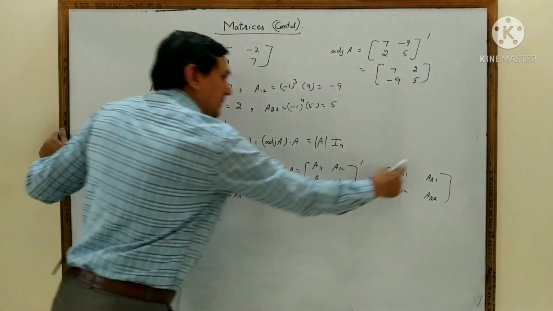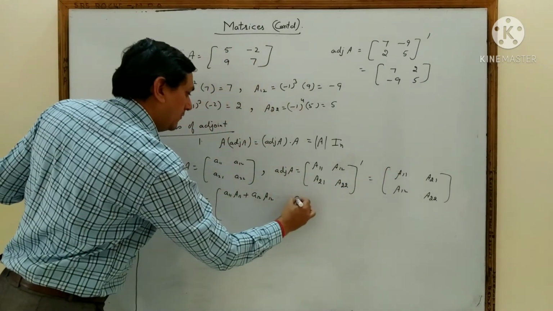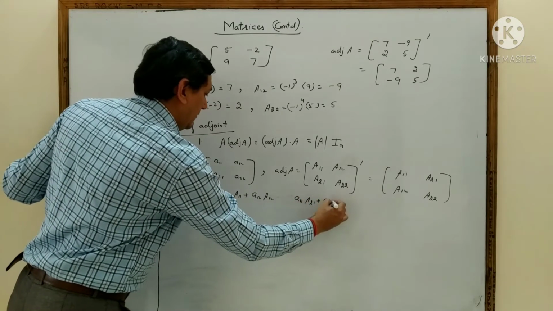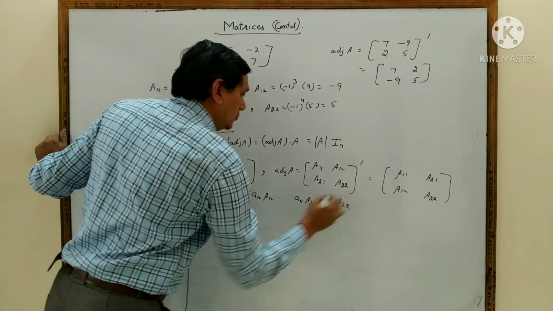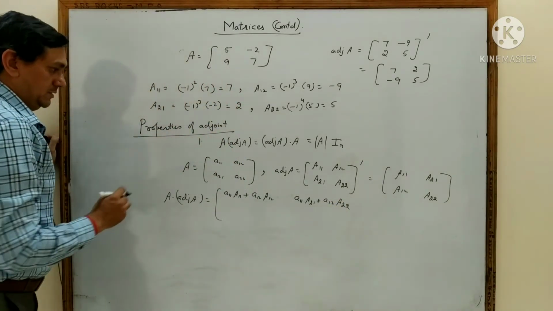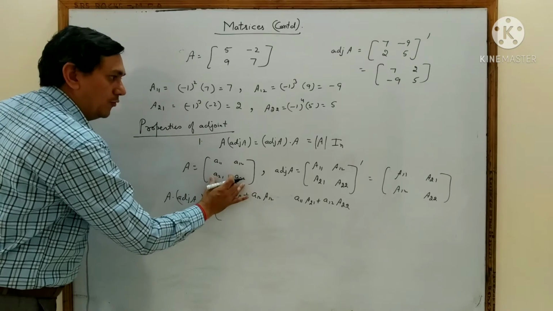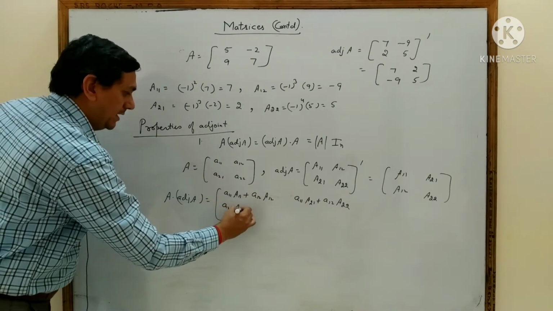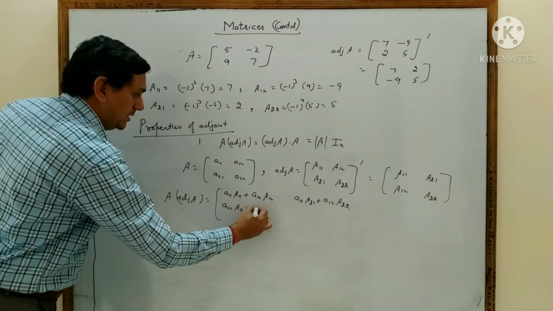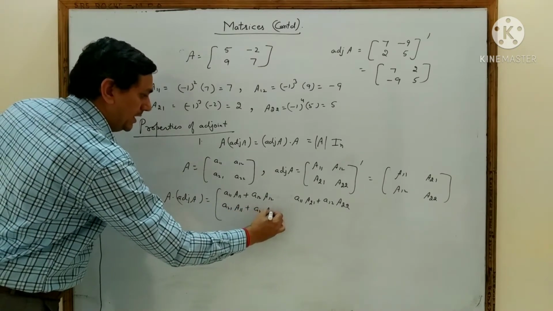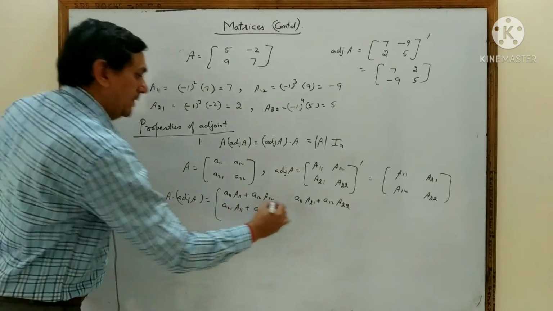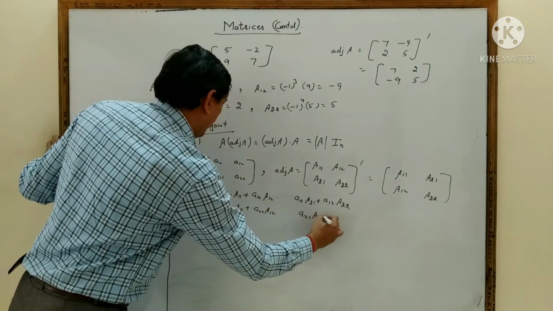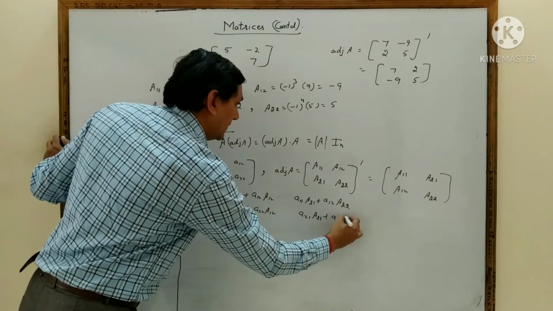This row multiplied by this column: A11 multiplied by A21 plus A12 multiplied by A22. Second row with first column: A21 multiplied by A11 plus A22 multiplied by A12. And A21 multiplied by A21 plus A22 multiplied by A22.